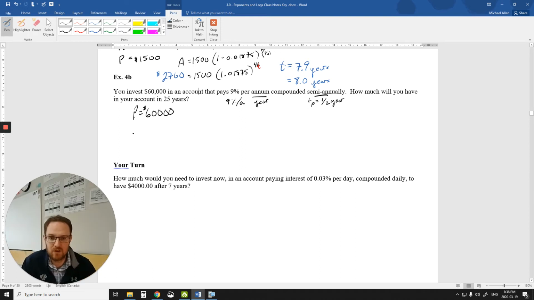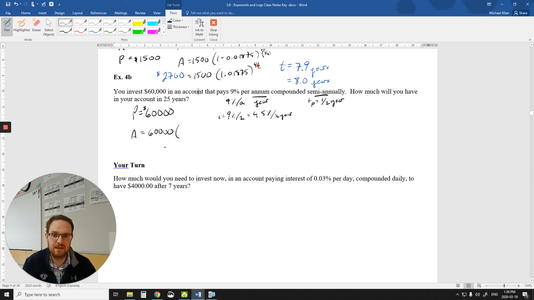I could just put in my formula and say, I got my $60,000 to start off with. I have the 9% compounded per year, compounded semi-annually. So that means what I'm going to do with this 9% to start off with is take the 9% and divide it by 2 to get the 4.5% that you'd have for every half a year.